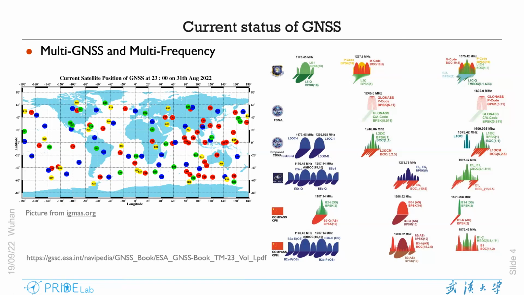So we're not going to talk about the regional systems, but here we focus on only the 4 global constellations. At the moment we have more than 100 satellites deployed in space for us to monitor the global change of the Earth's crust and even the atmosphere changes.